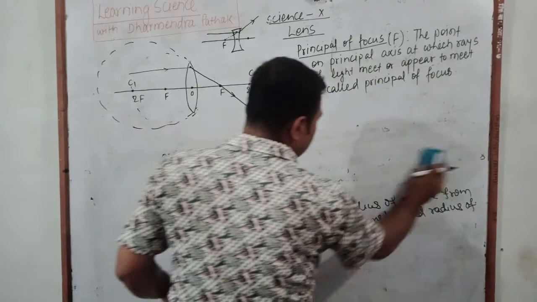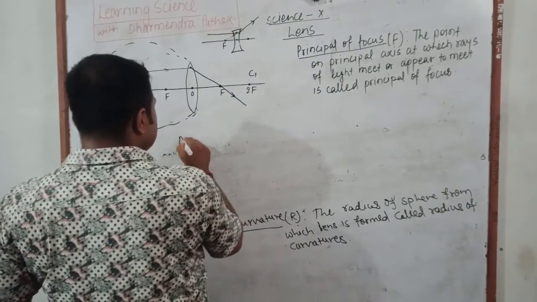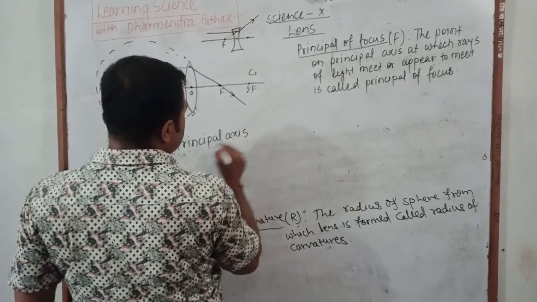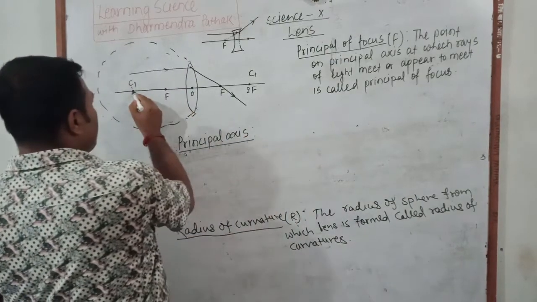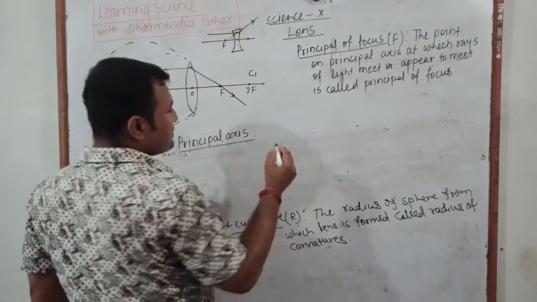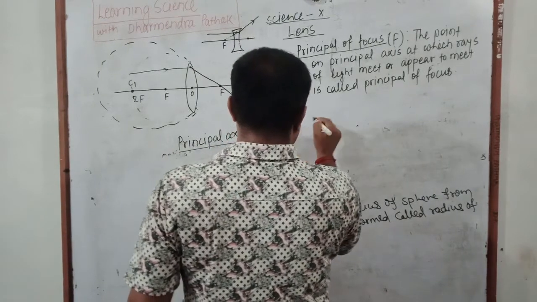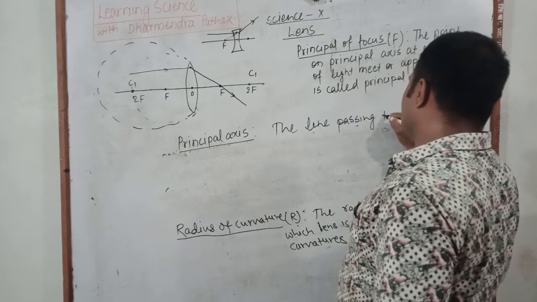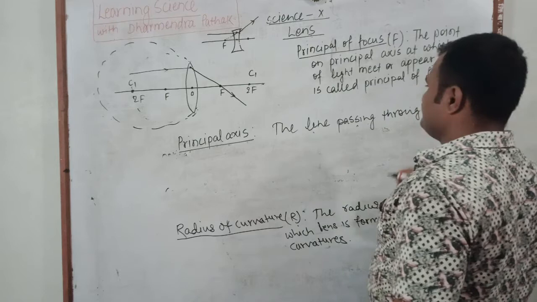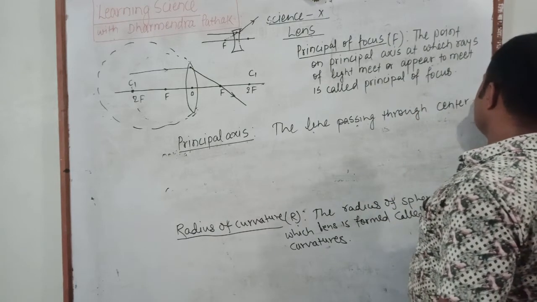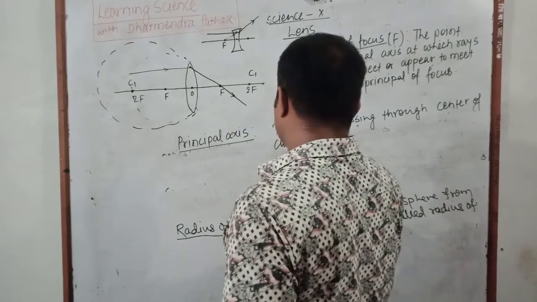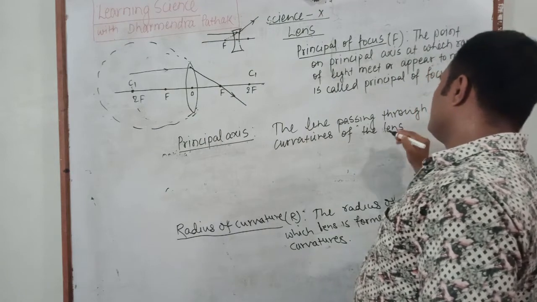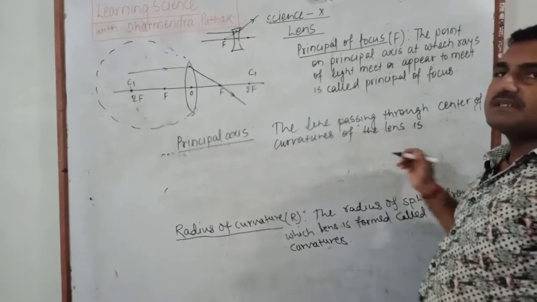And the next term related to lens is principal axis. Principal axis is the imaginary line, or a line passing through C1 and C2. And here we write: the line passing through the centers of curvature of the lens is called principal axis.